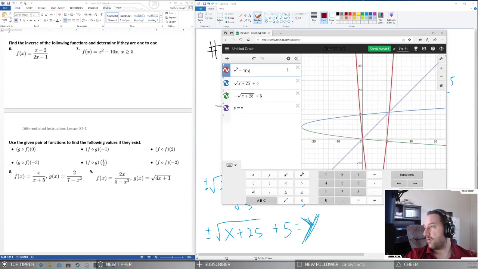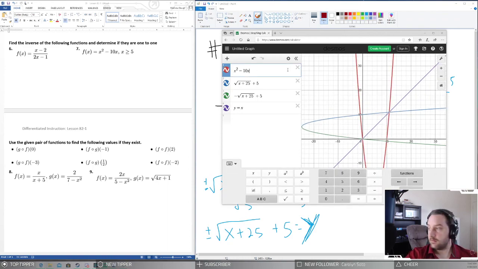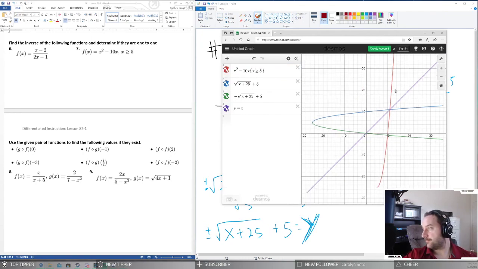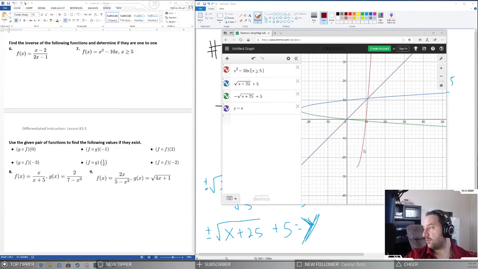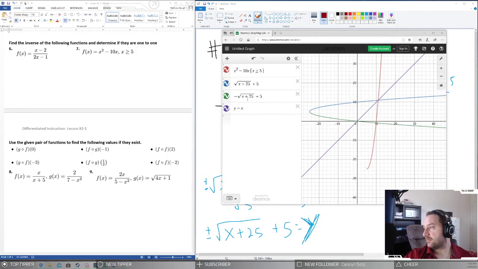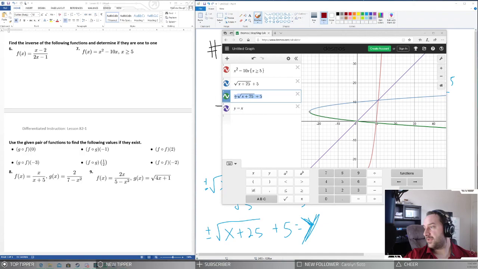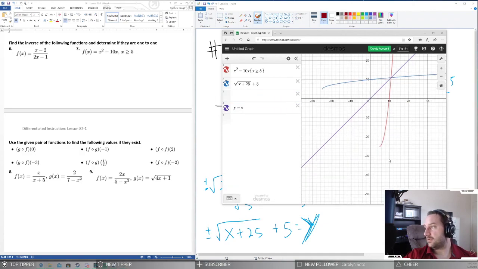So what the problem did is they said, okay, let's restrict the domain here, and let's only reflect this. This is the only piece that we have on our graph. So that means this piece is no longer there. So it's only this one that's getting reflected, which happens to be this blue one.